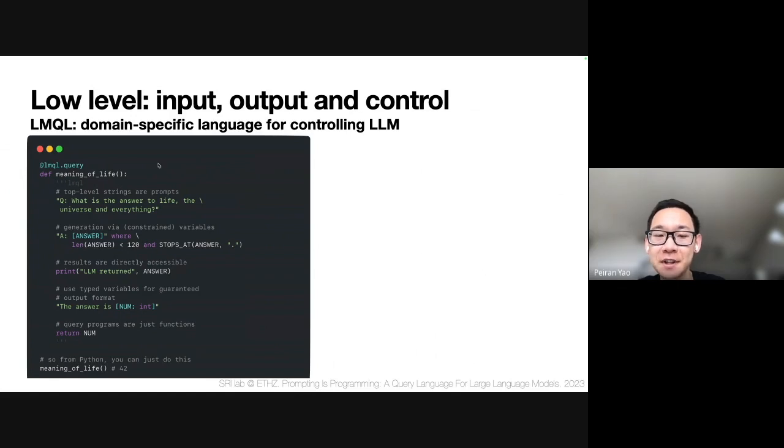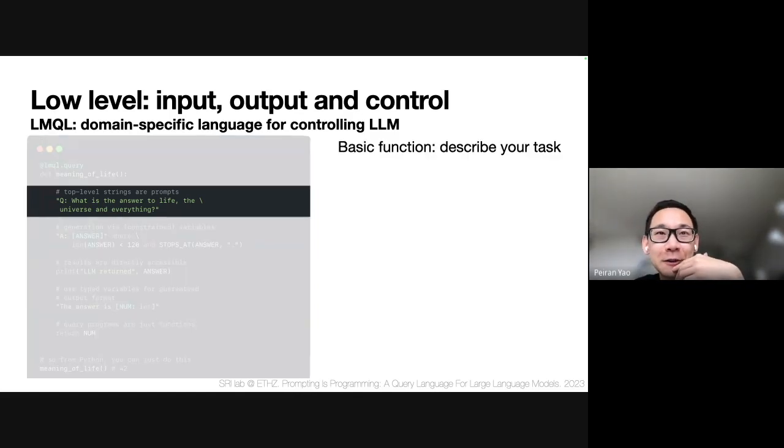LMQL here is a domain-specific language for controlling LLM, which means it's not Python. It's not some existing programming language. It has its own grammar, sort of like SQL and Python combined.